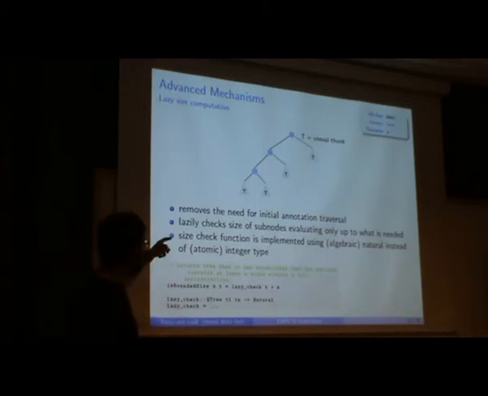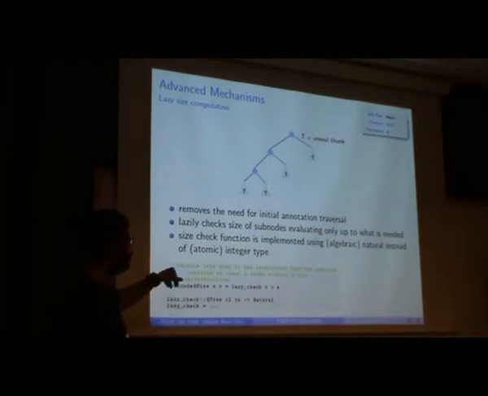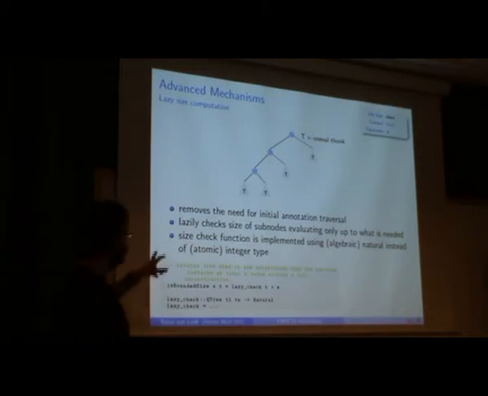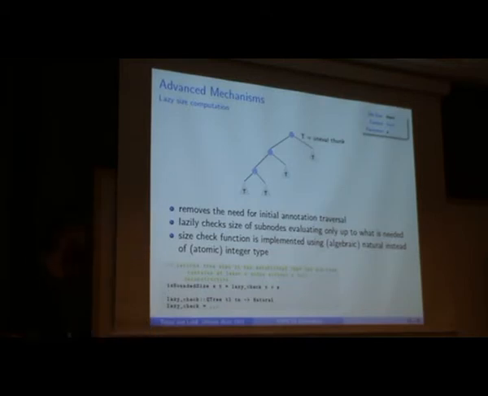The function which checks the size bound returns true when it has established that the subtree contains at least the number of elements we are looking for, without doing a full deconstruction of the tree. This lazy size check function is implemented using algebraic naturals instead of an atomic integer.